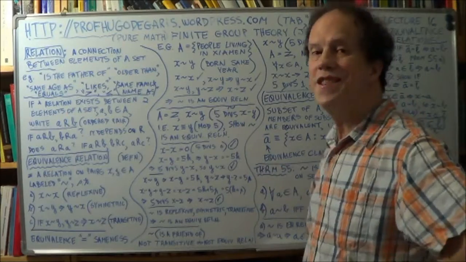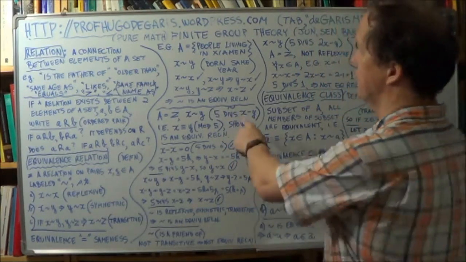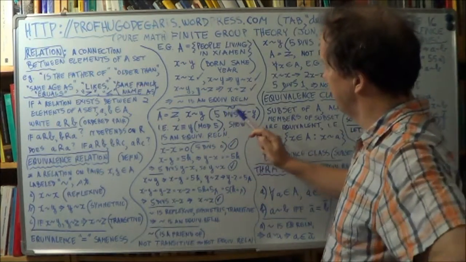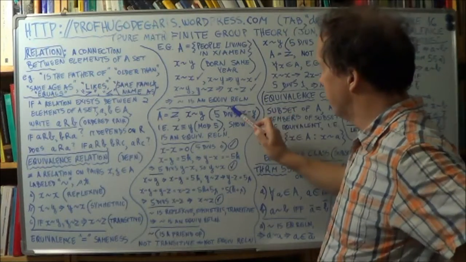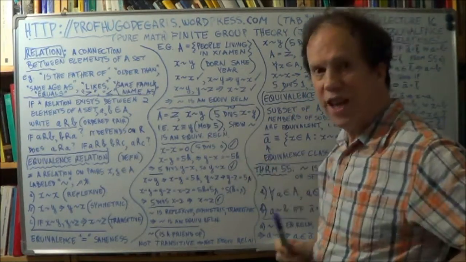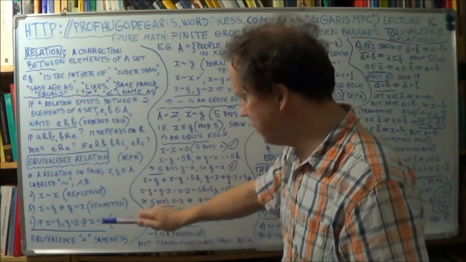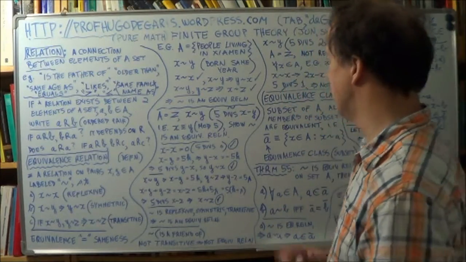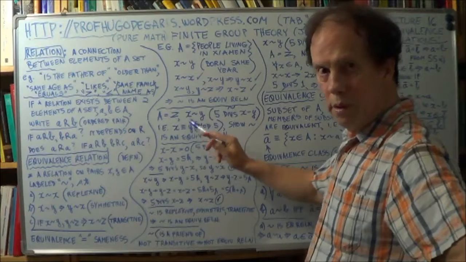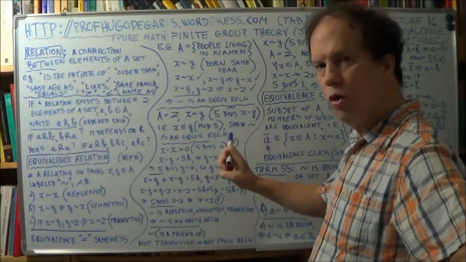Now, question: is this relation here, 5 divides, 'divs' is just my shorthand way of saying divides, so 5 divides x minus y, that relation, the tilde, is it an equivalence relation? In other words, is this relation here reflexive, symmetric, and transitive? Okay, well, let's do the test. Now, you may remember the definition of a, what's the word? Congruent.